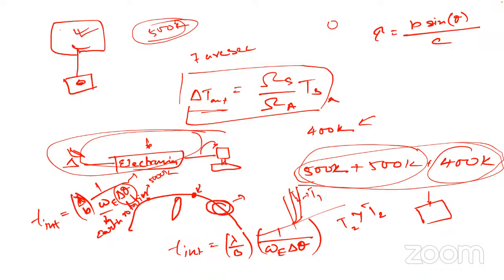So given the source size from the phase center, the baseline and also your observational wavelength, we are asking what is the maximum integration time you would require to observe such small sources. That is what the actual question is.